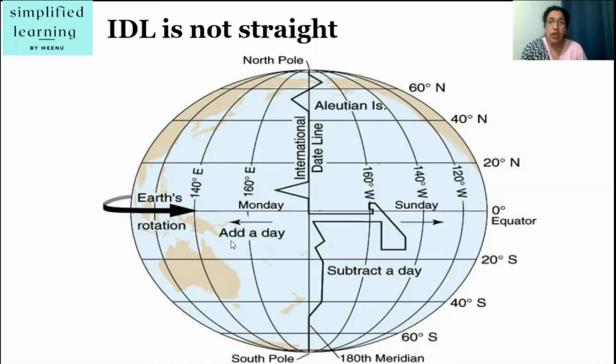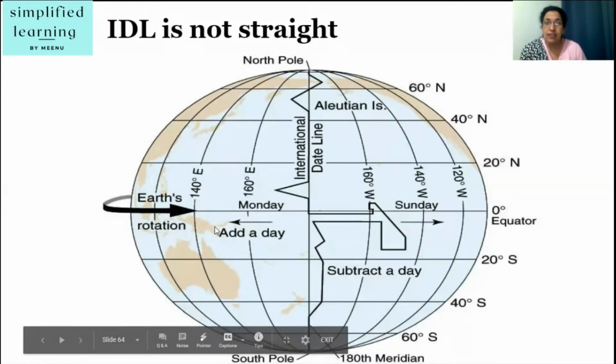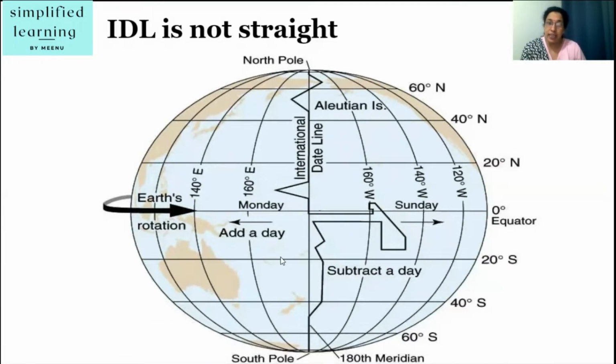So here a day has been added. But as it will take 24 hours for the sun to rise in the western hemisphere, what will happen? There will be a difference of one whole day. So it is behind, and this eastern hemisphere is ahead.